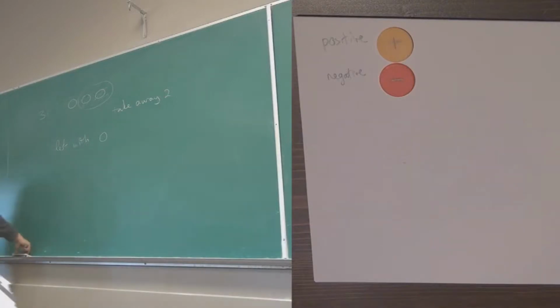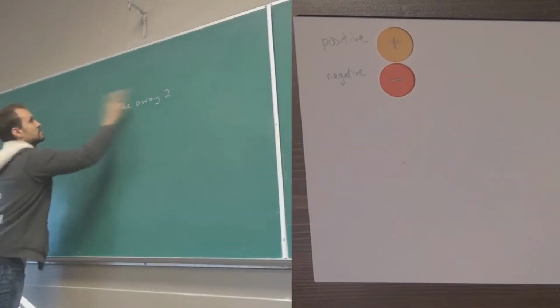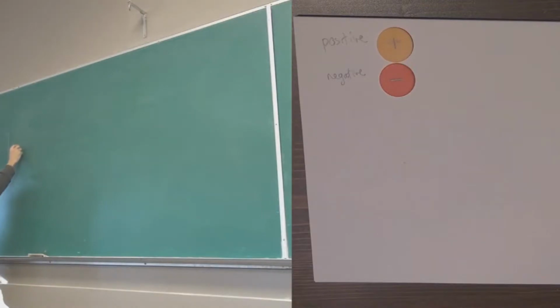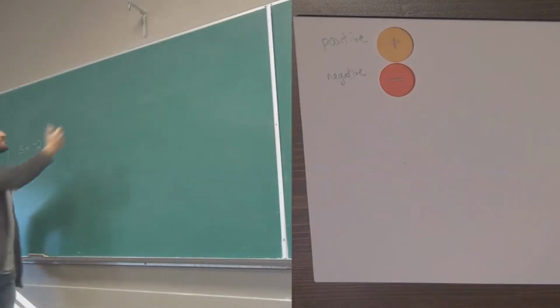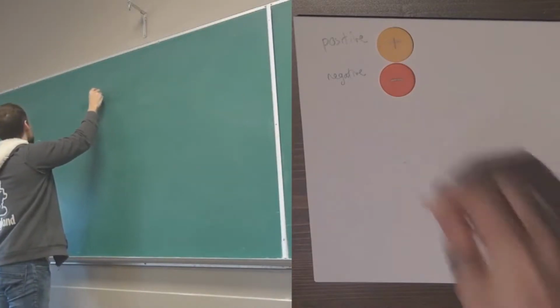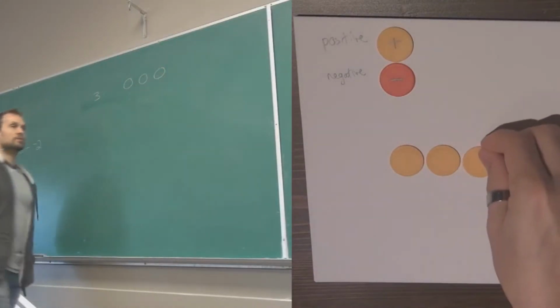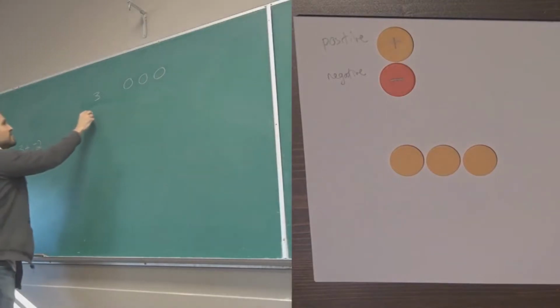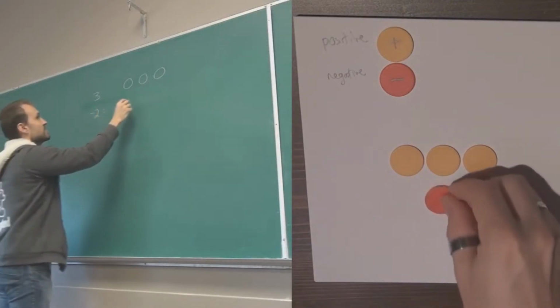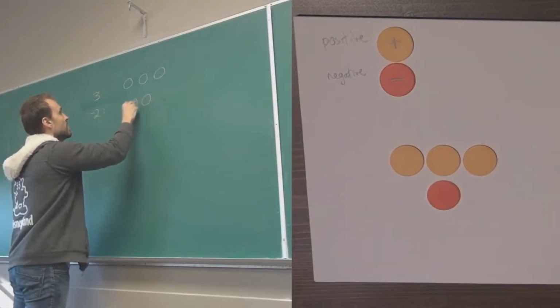Let's just make some space here. Let's go with 3 plus negative 2. I am still putting stuff together, because plus means add stuff together. So I have my original 3 positive tokens. Then I have my negative 2, so that is 2 negative tokens.